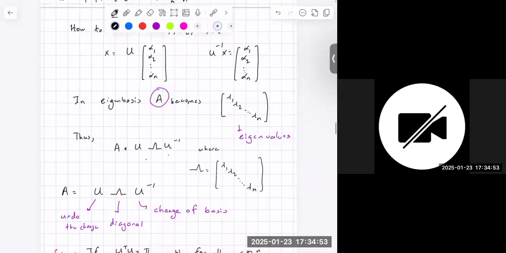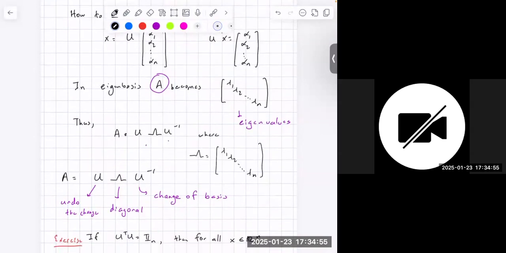Please ask me more whenever you want. What you literally do is take your vector x, apply U inverse, which decomposes it into eigenvector pieces. You act on it with the diagonal matrix given by your eigenvalues, and then you apply the inverse of the first operation to recollect everything and put x back to where it was.